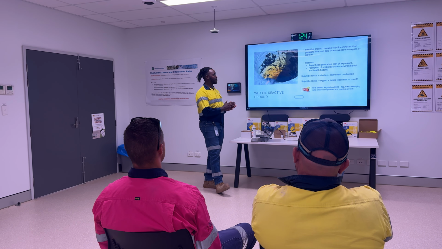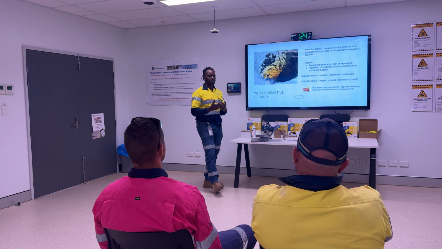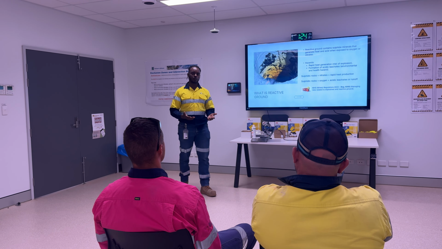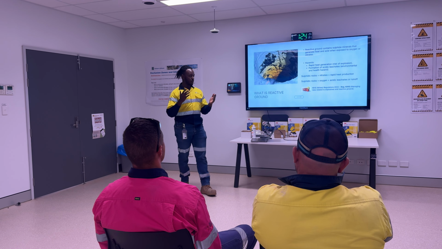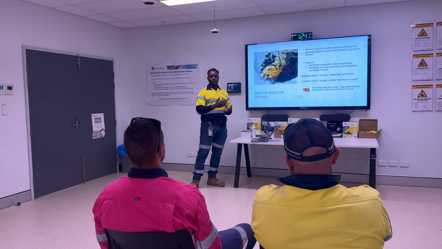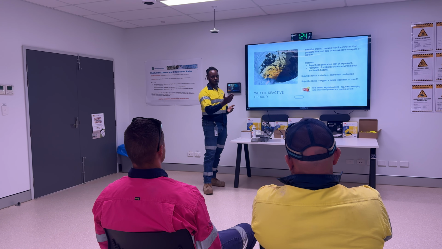So the hazards of reactive ground are rapid heat generation, which introduces a risk of explosion, considering that we are dealing with explosives. This is why this is very important for us, because there's that risk of explosion. Later on I'll show you a case study of an explosion that was associated with reactive ground.